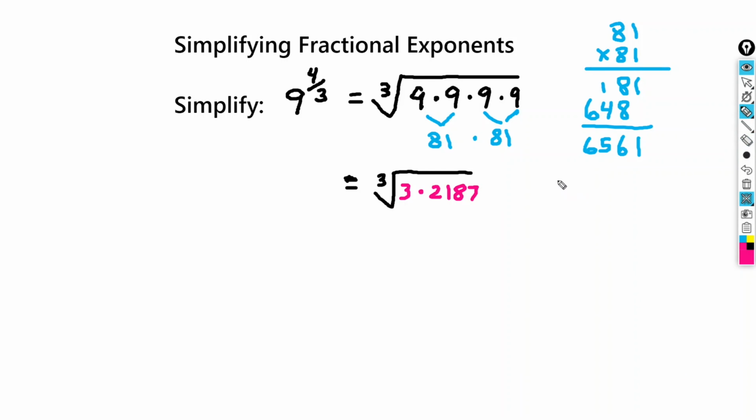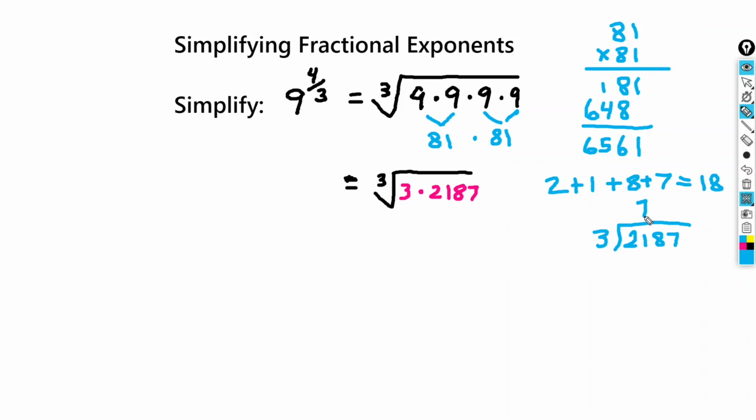Interesting thing about 2187 is 2 plus 1 plus 8 plus 7, well, that also equals 18. So 2187 is divisible by 3. So let's take that. So now we've got 2187 divided by 3.